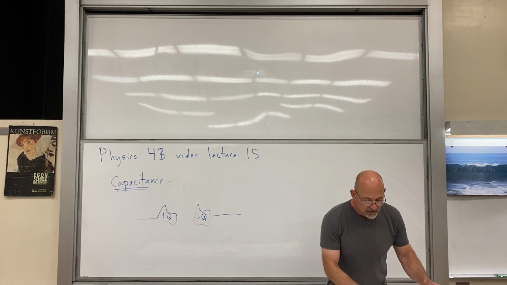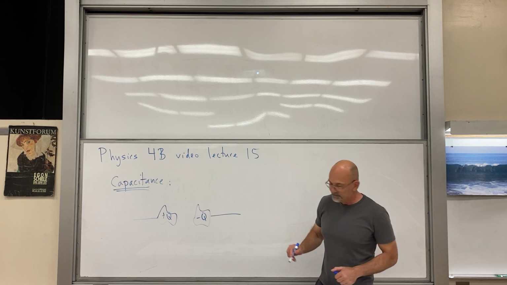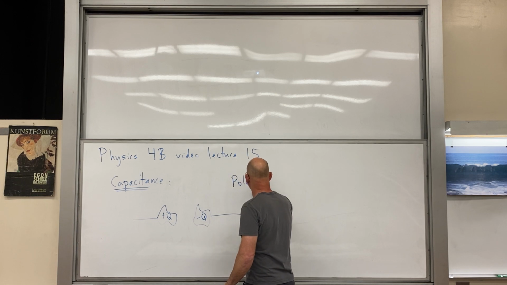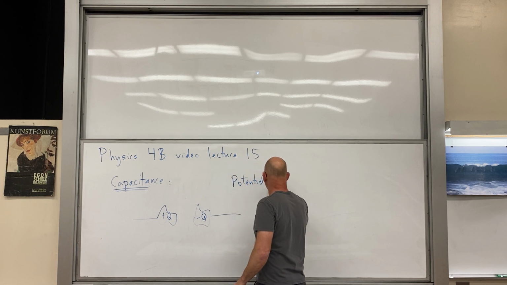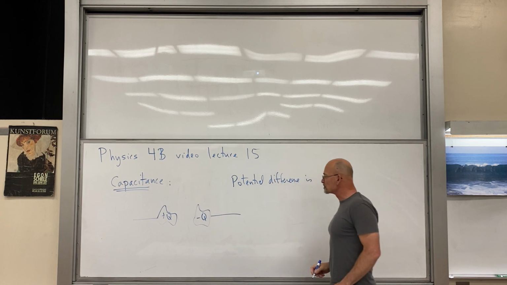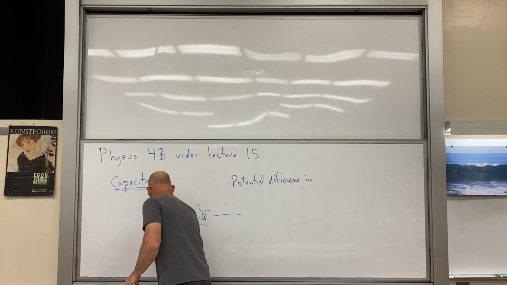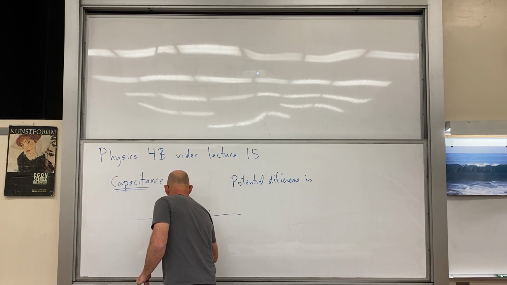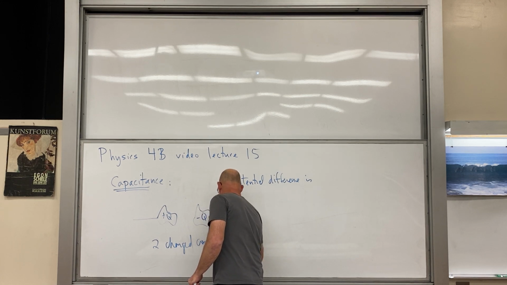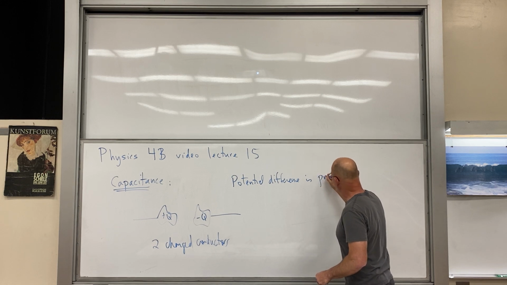So I'll just put a couple words here. Potential difference is proportional to the charge. Okay, so here we have two charged conductors. Potential difference is proportional to the charge.